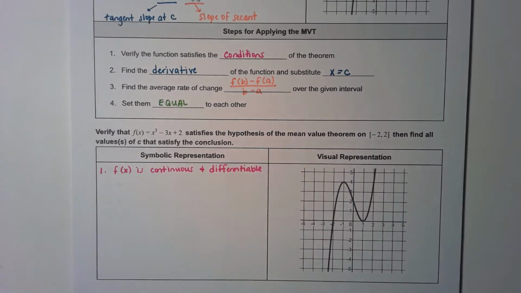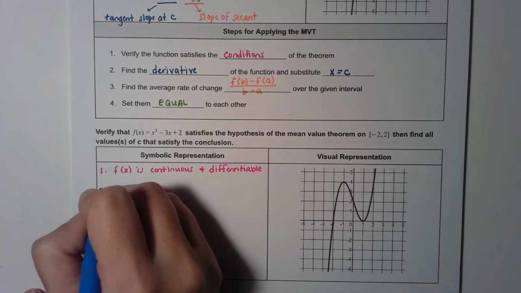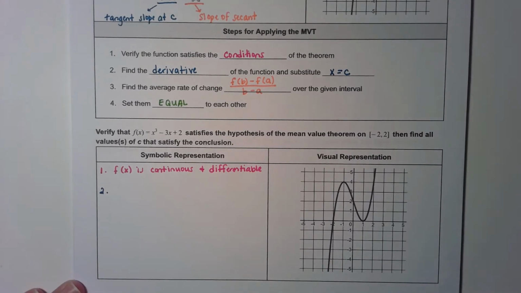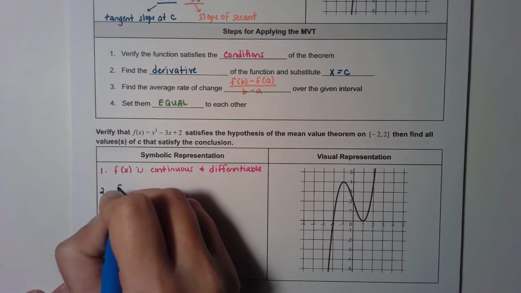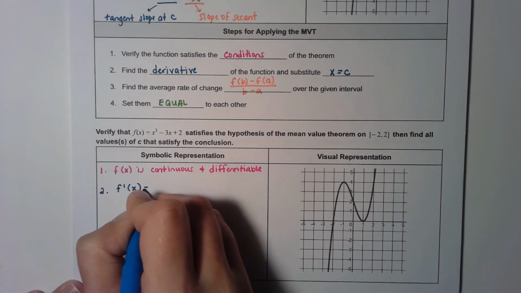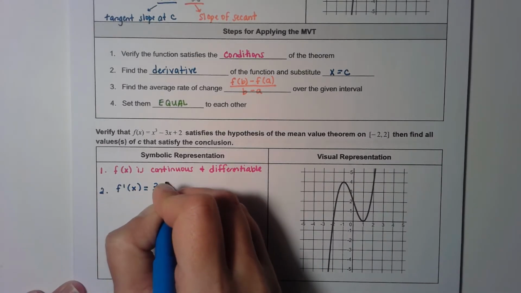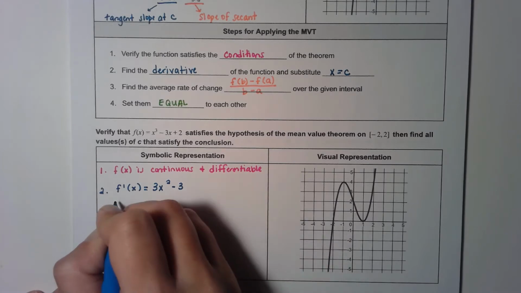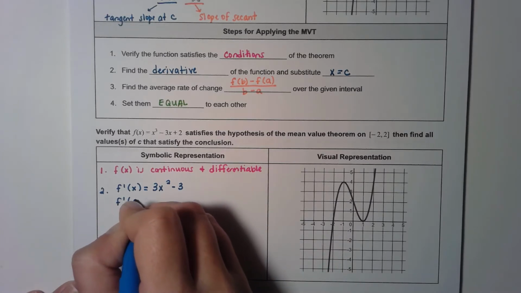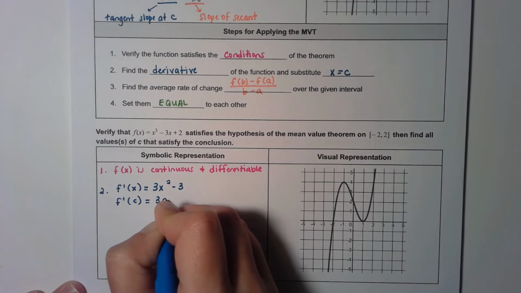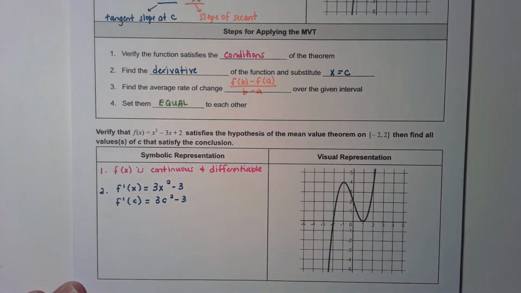So it doesn't have any corners, cusps, vertical tangent lines, discontinuities of any kind. Step number 2 is to find the derivative and plug in the value c. So f prime of x is going to be 3x squared minus 3, which means if we change this to a c, we're going to have 3c squared minus 3.